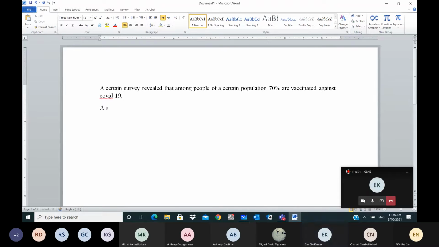Now, a study showed that among vaccinated people, 10% got the virus.